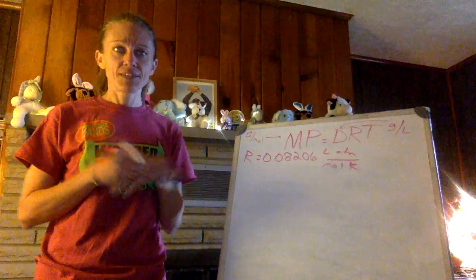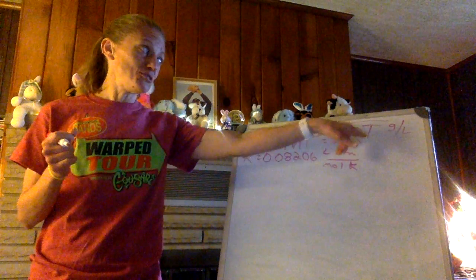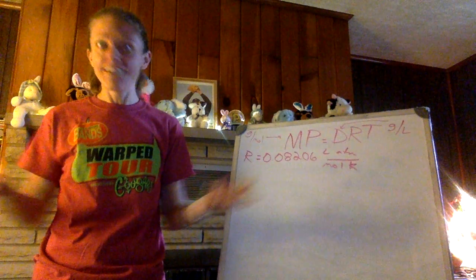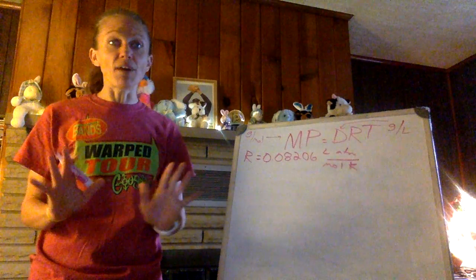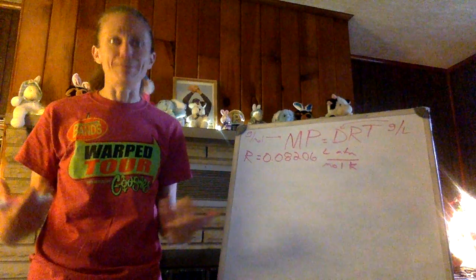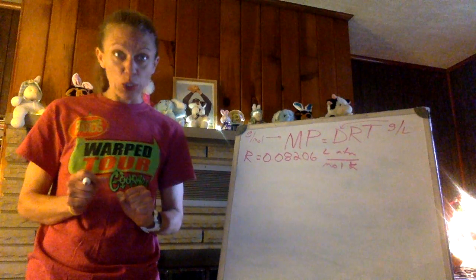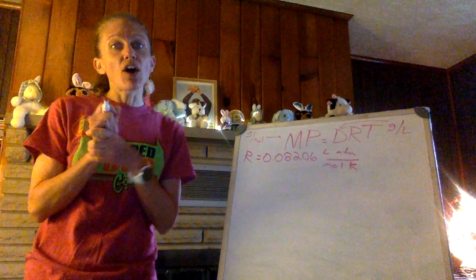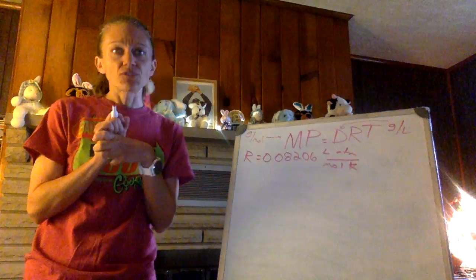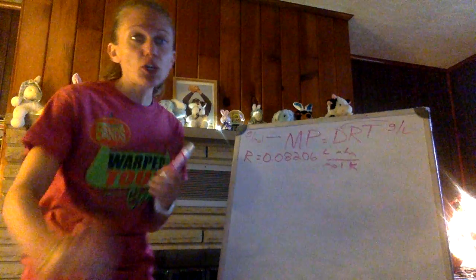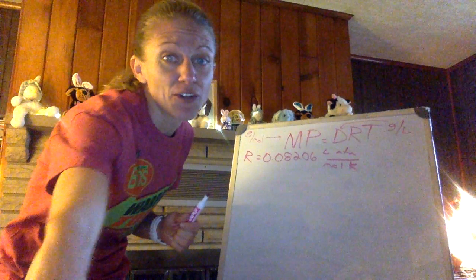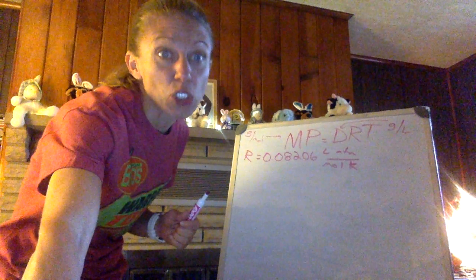MP equals DRT. I do see dirt when I look at DRT. Those are her words, not mine. This is not an insult. I live in Mount Pleasant. So, we're good on that. So, not my words, but there it is. I'll show you actually another way to remember it that I think is even more disturbing.